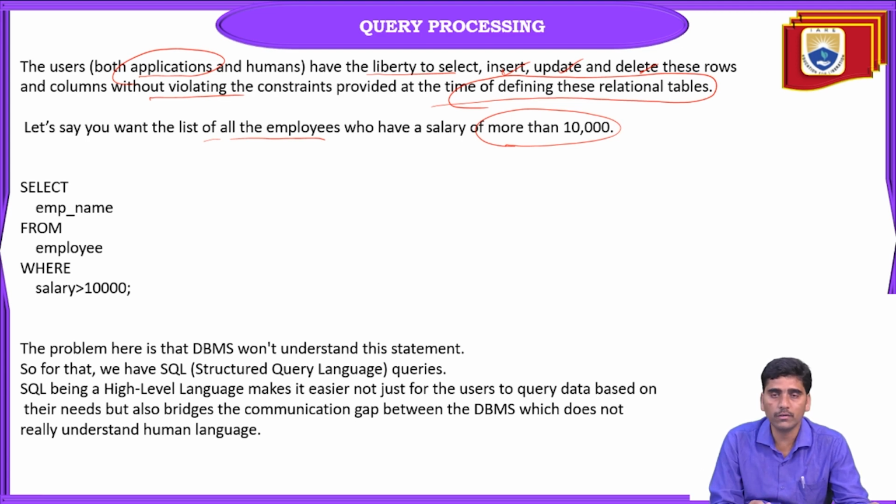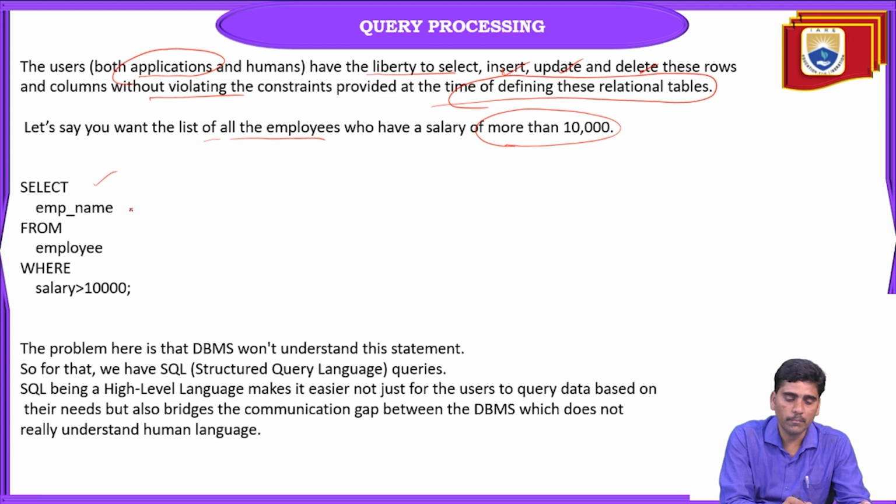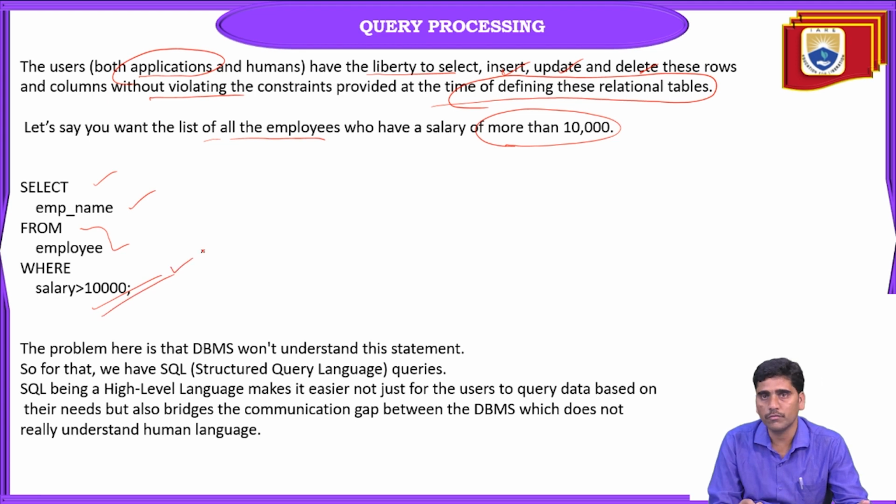Here we construct the query: select employee name from employee where salary greater than 10,000. So how does this query get evaluated, optimized, and validated?